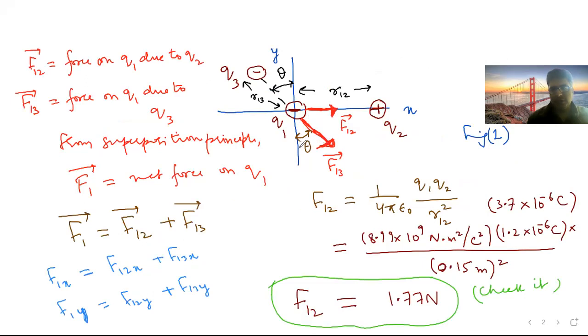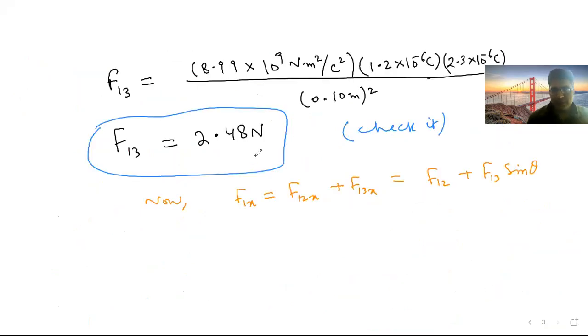So F13y, its y component will be F13 cos theta, and its x component will be F13 sine theta. But remember, the y component of F13 is pointing downward, so it will be negative in the sum, and its x component is pointing along positive x-axis, that will be positive. So you know it. Still, I am trying to remind you.